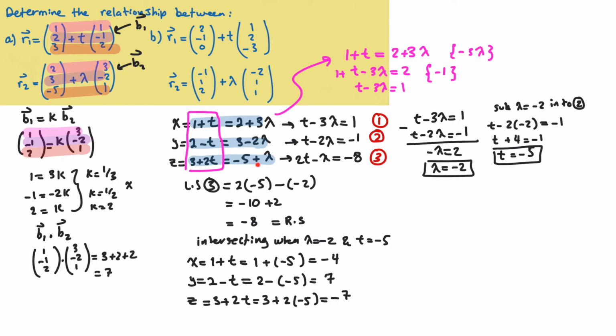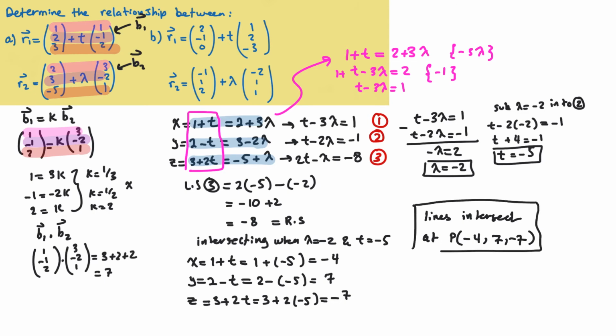And we get negative 5 plus negative 2, which is negative 7. So in this case, the lines intersect at the point which has coordinates negative 4, 7, and negative 7 for its x, y, and z coordinates.